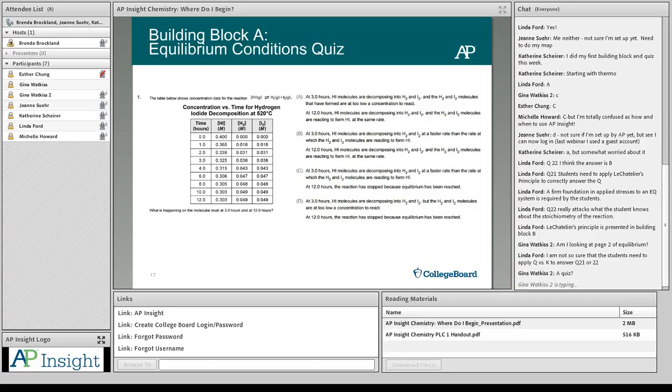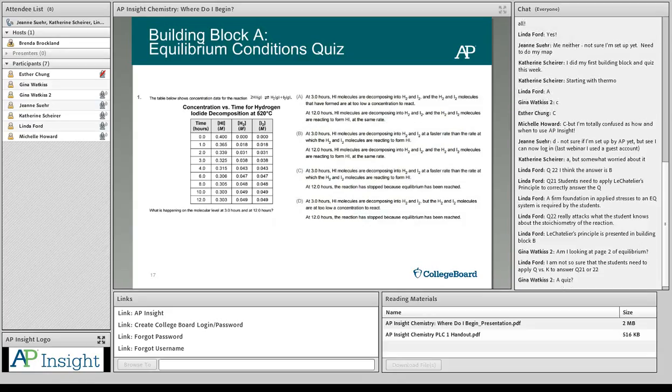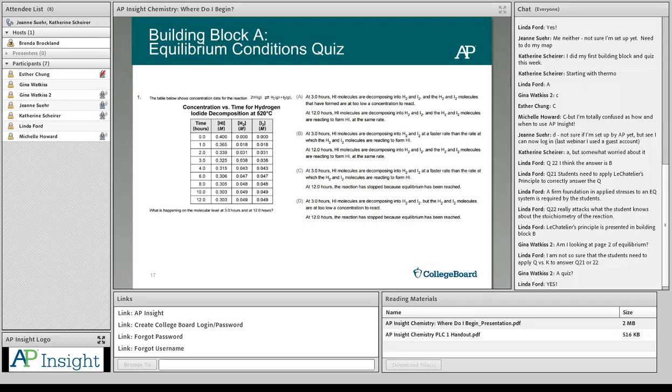So for this question, I believe it should be answer B. Does everyone agree? Yes. Okay, I've got one yes. Great. I agree. Great. So I'm going to go on to question 2, and again, start thinking about how those students might be struggling with these.